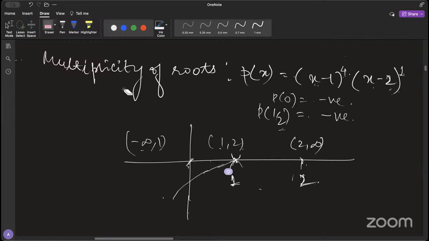So the possibility that it could be this is eliminated, because the value from minus infinity to 1 is negative. If your graph were like this, then you would have a positive value at numbers before 1, right? Is this clear?